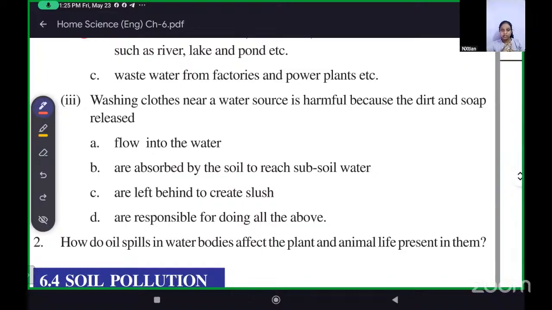Some wells that I've seen have water 15 or 20 feet below the ground. The soap is left behind and creates slush, a white mixture of soap and water, when we wash clothes near a water source.